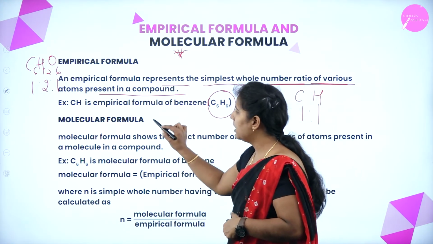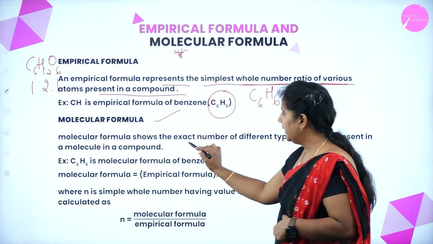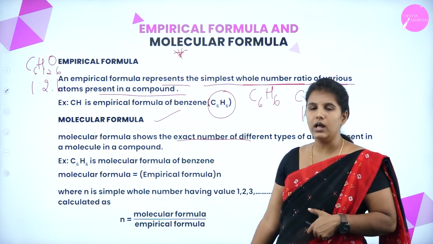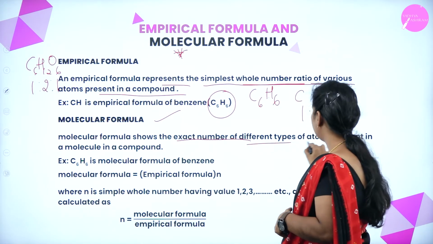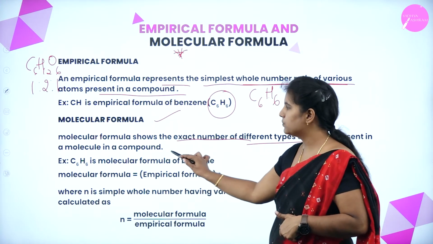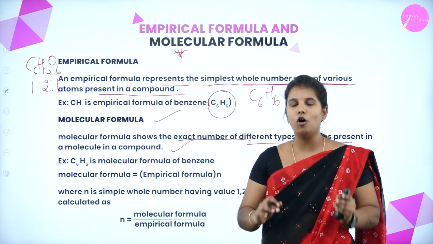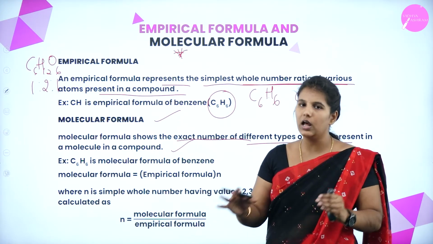Then coming to the molecular formula. So what is the molecular formula? It exactly says the number of different types of atoms found in the compound. So it says exactly how many atoms are found in the compound.